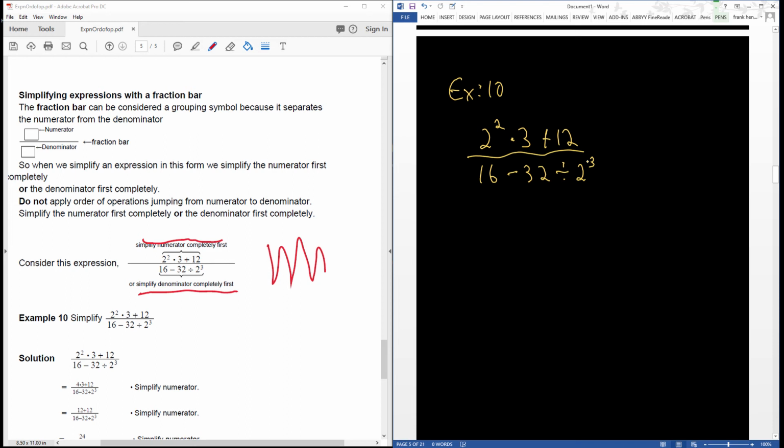I follow the order of operations for the numerator and simplify completely, or do the same for the denominator, either one. What I chose to do is simplify the numerator first completely.